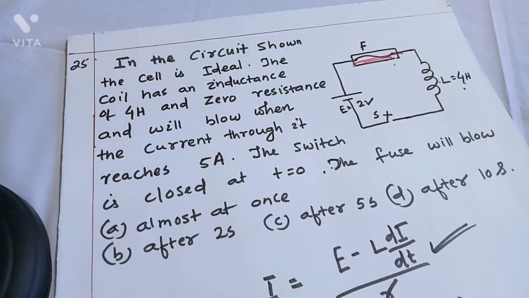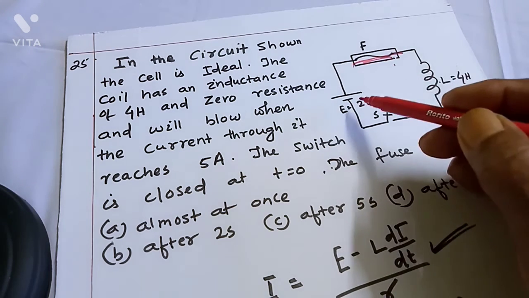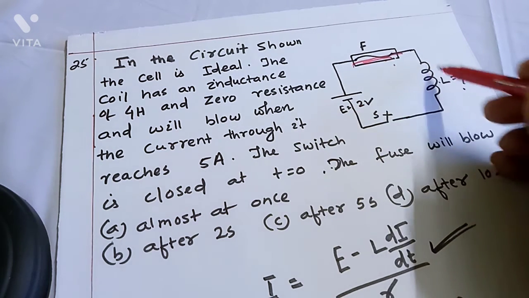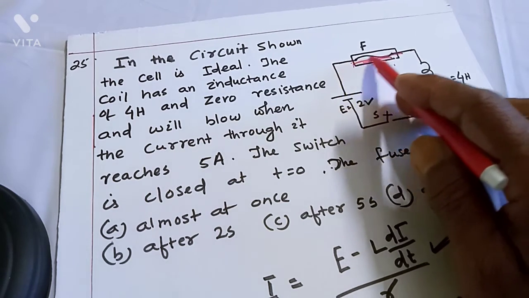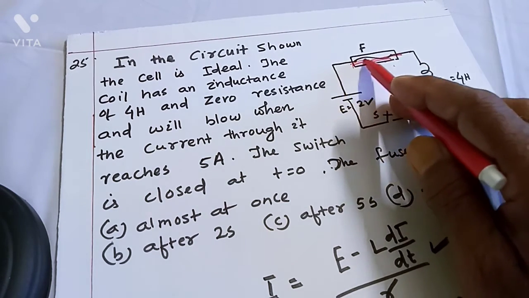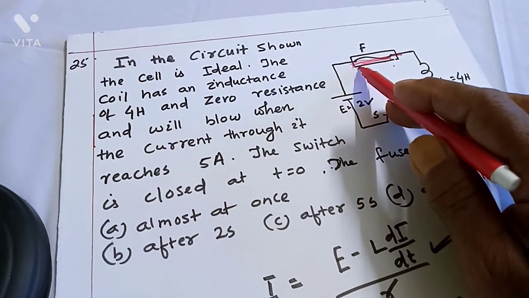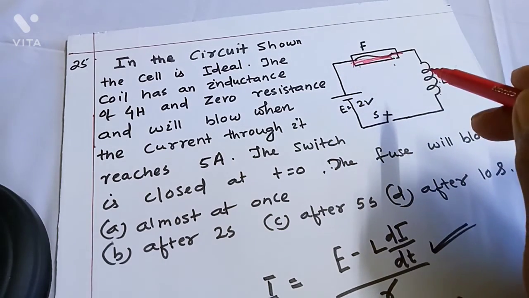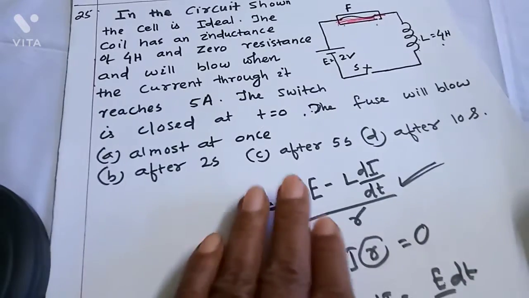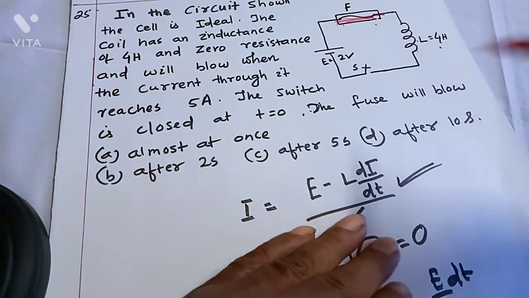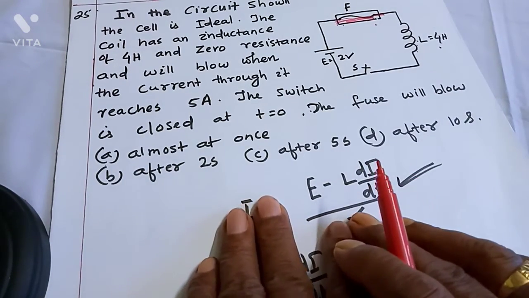Now in the circuit, what is given? A source of EMF and an ideal inductance, connected in series with a fuse, and this fuse will blow when the current in the circuit reaches 5 ampere. Now how to solve this problem? The crux of the problem is that this formula is very important.